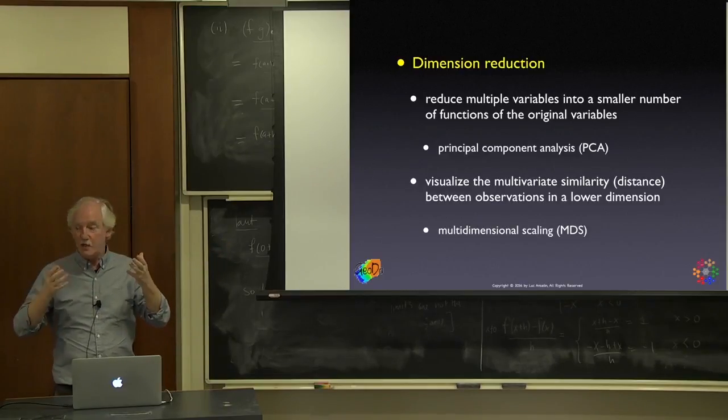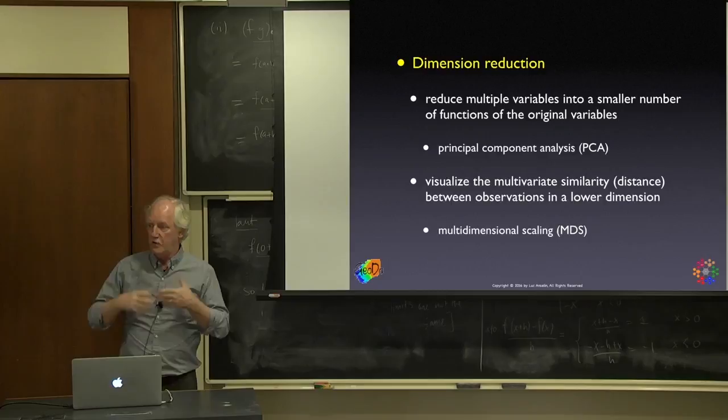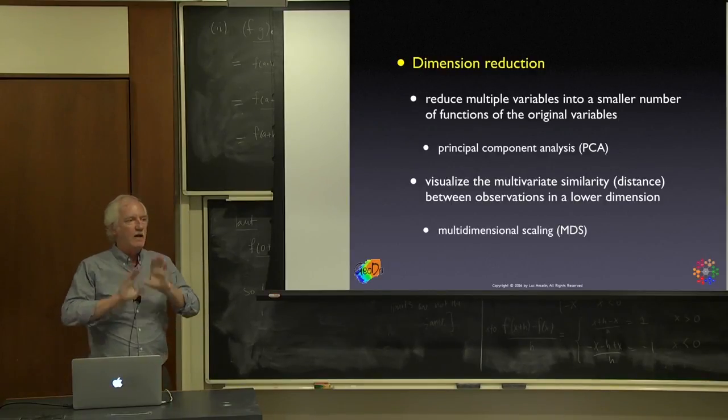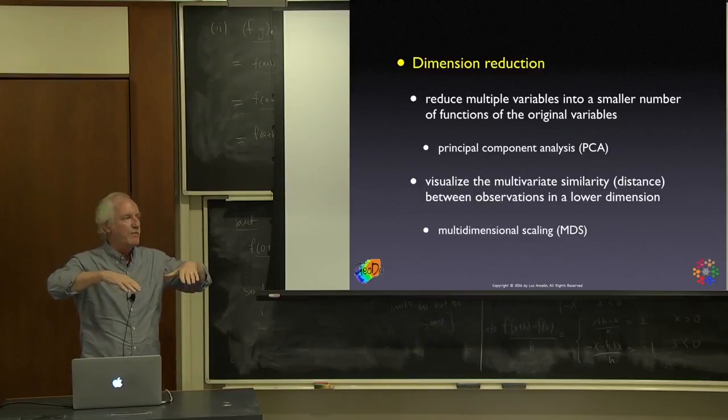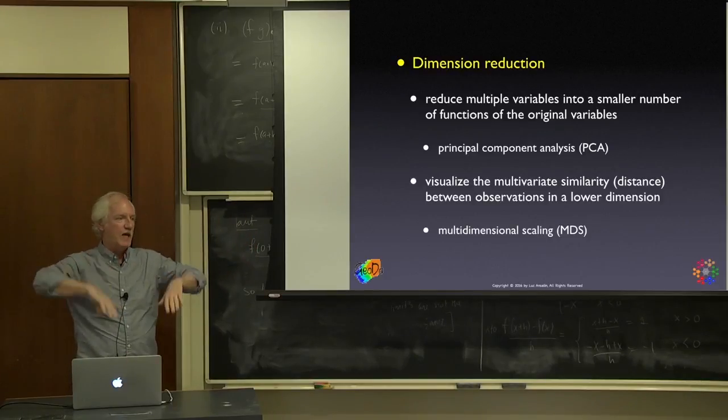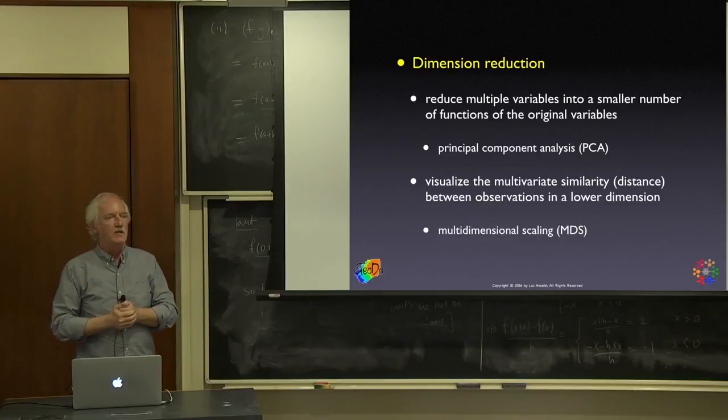So it's very spatial, even though it's not geographical. One way to think about this is to get down to a dimension that you can actually visualize. So you project down. You lower the dimensionality in some organized fashion.